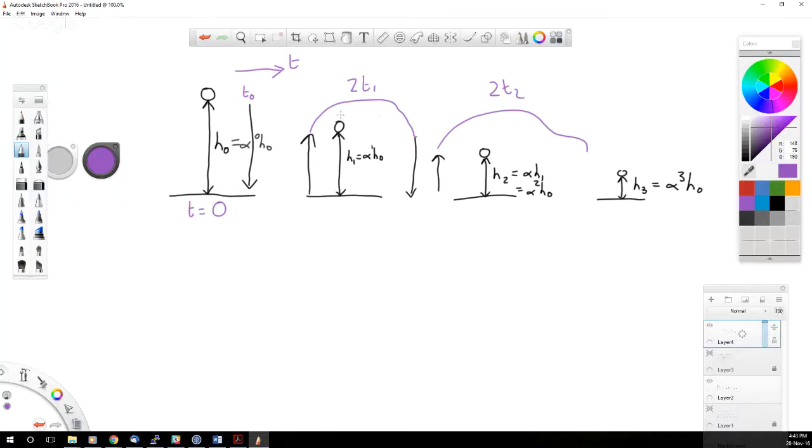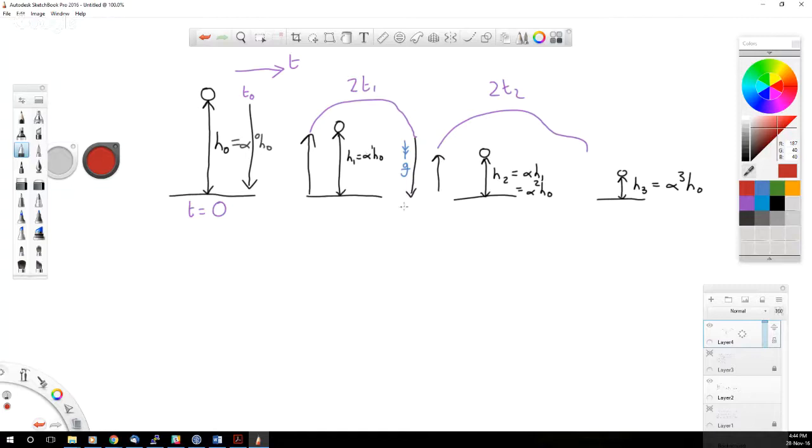So here, our time between the first bounce and the second bounce is 2t1. And if we look just at this bit, we've got an acceleration downwards of g going a distance h1. I'm going to take downwards to be positive just because it's going to be easier.